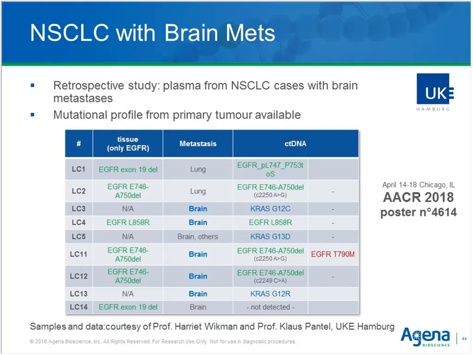So Klaus Pantel and Harry Wigman from the same institute provided us with ctDNA samples about which they were suspicious that anything can be detected in ctDNA, just because it was from a cohort from lung cancer patients that most of them developed brain metastasis, and at the site of drawing the blood, the tumor was represented by the metastasis in the brain.